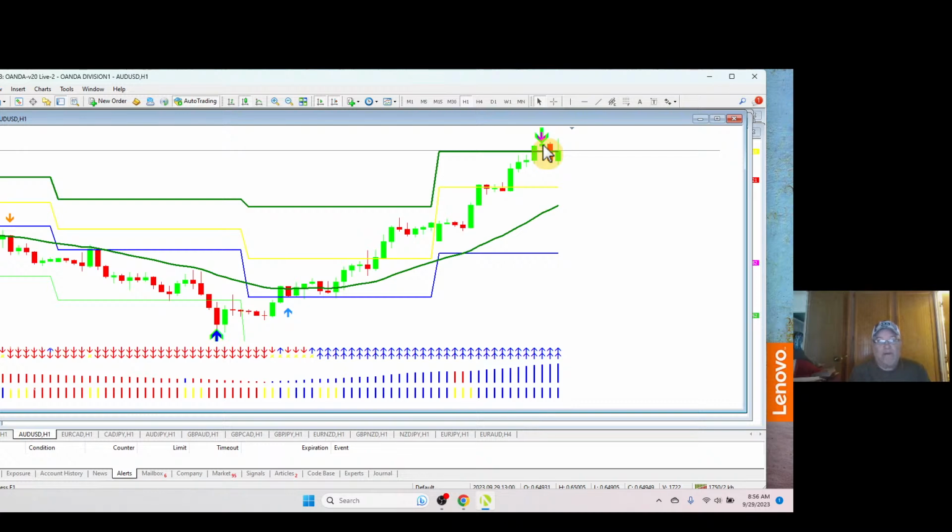So we're going for 30 today on the Aussie dollar. So that's where I put it. Got the first profit target there at 59. 59 is the first profit target on the Aussie dollar. Take off half the position there.